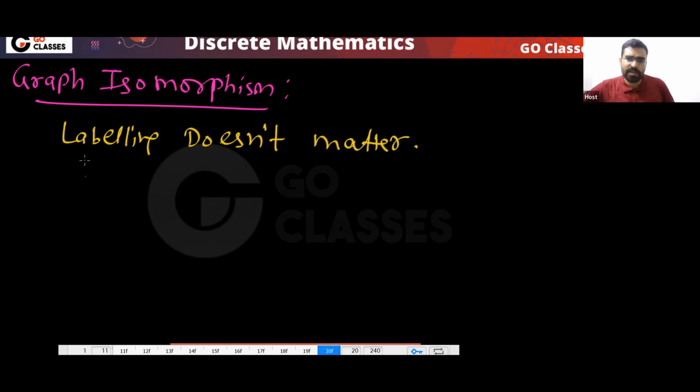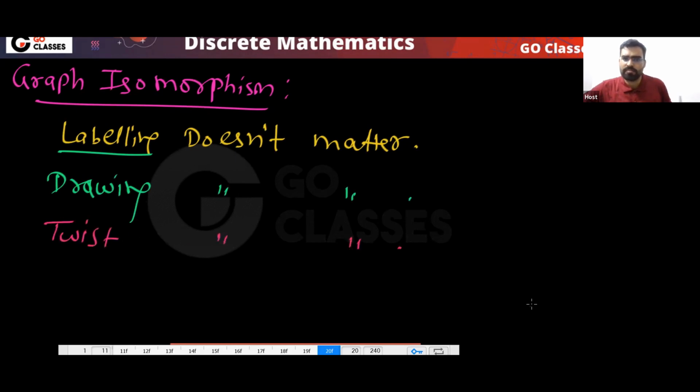And also what doesn't matter? The design, the drawing does not matter. How you draw, that does not matter. Whether you twist it, twist does not matter. These things do not matter in graph isomorphism.